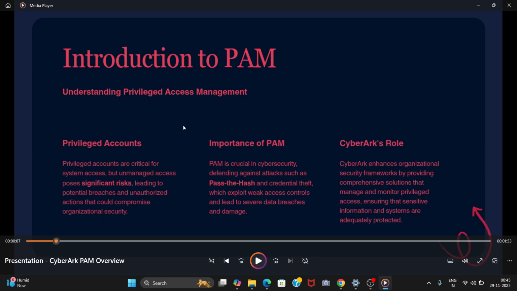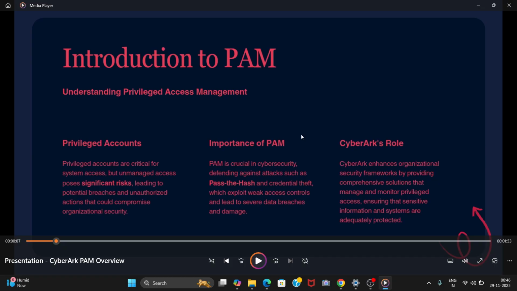The second point is the importance of PAM. Why is PAM required? PAM is crucial in cybersecurity, defending against attacks such as pass the hash and credential theft, which exploit weak access controls and lead to severe data breaches and damages.